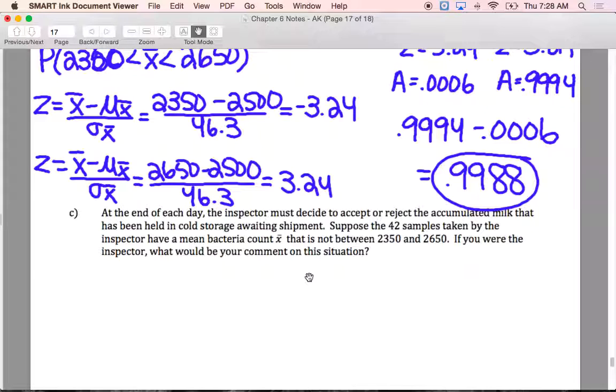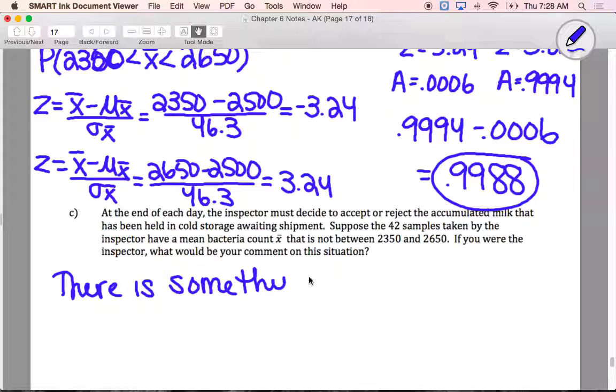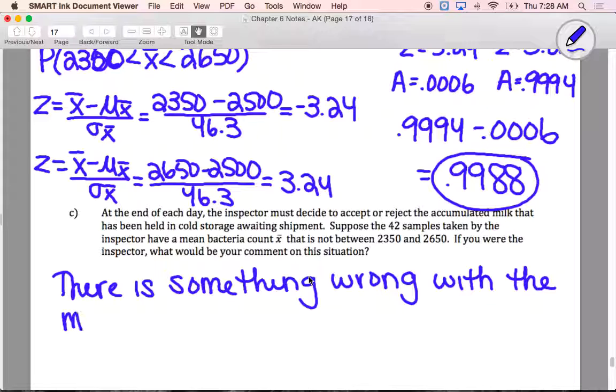So again, there is something wrong with the milk, since the probability for this happening is 0.12%.